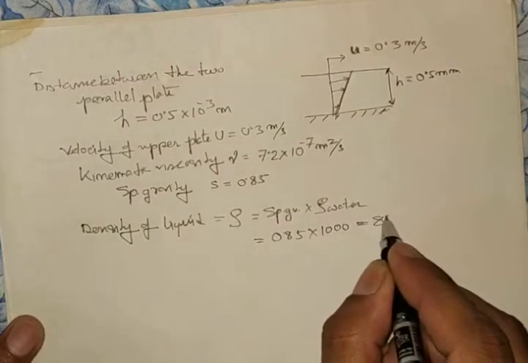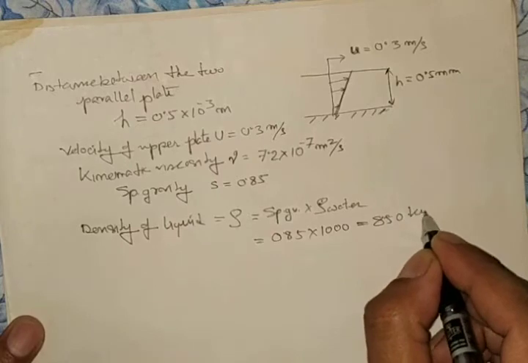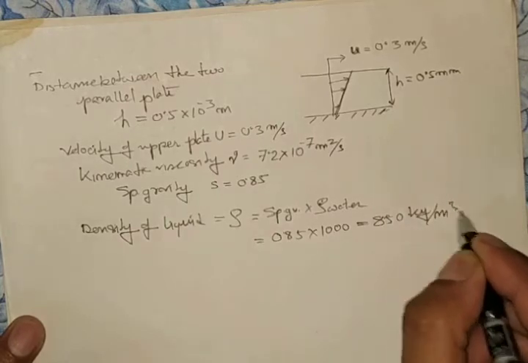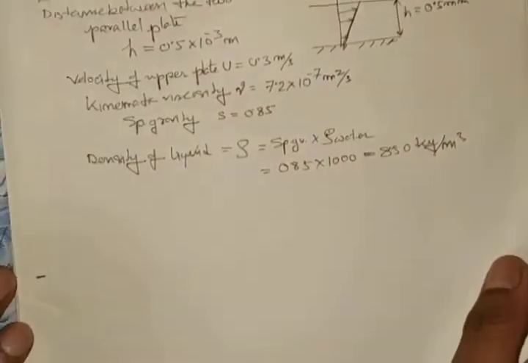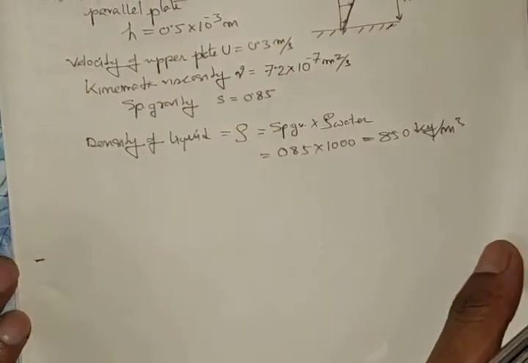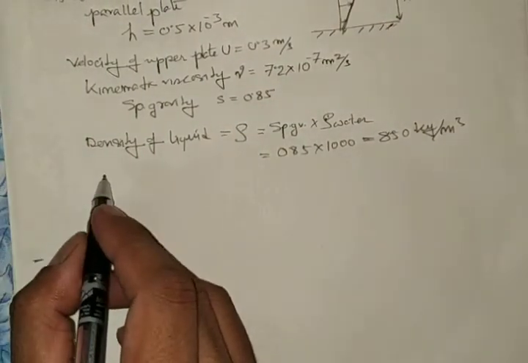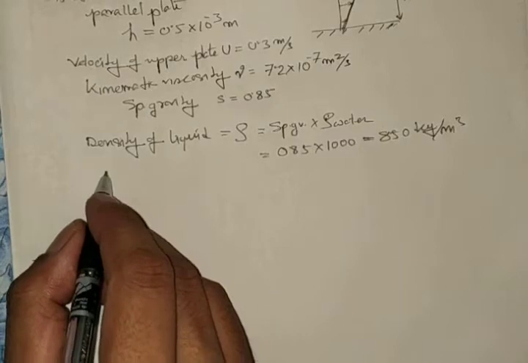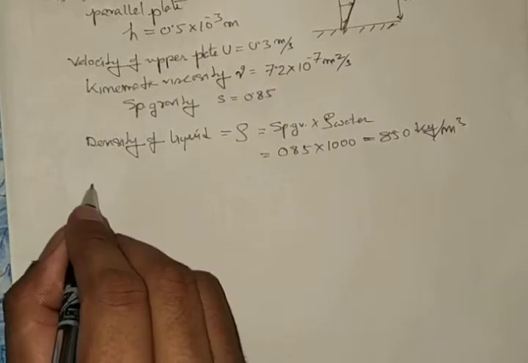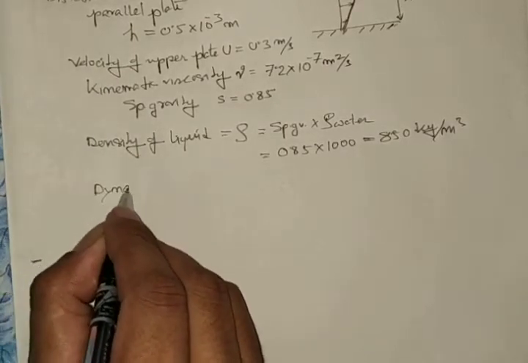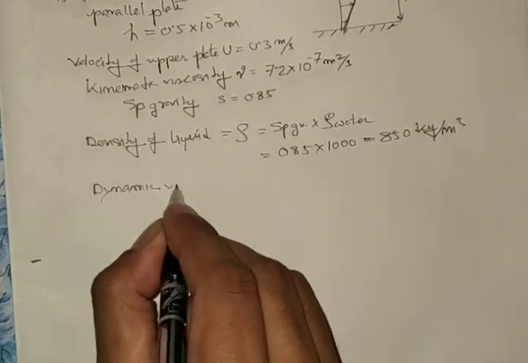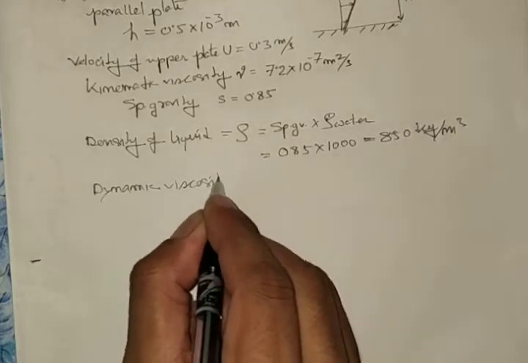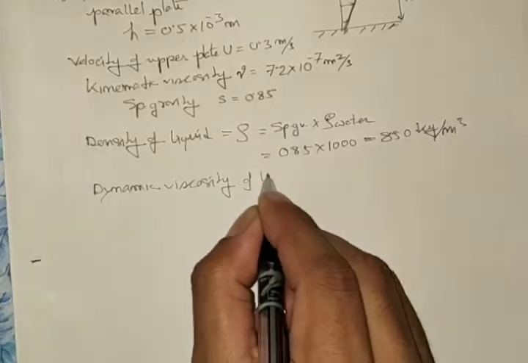So this is 850 kg per meter cube. After that you have to find the dynamic viscosity of the liquid.